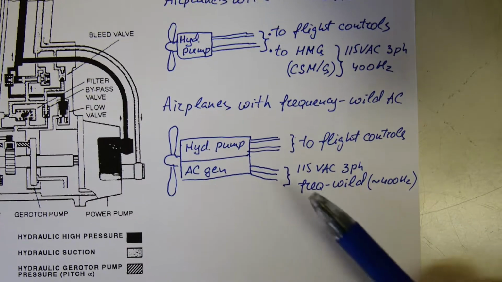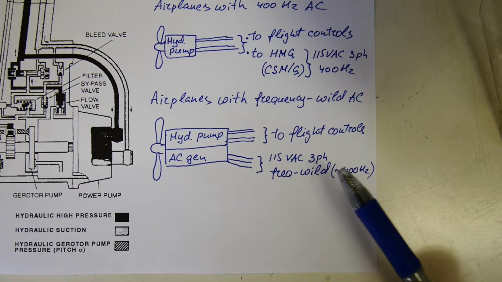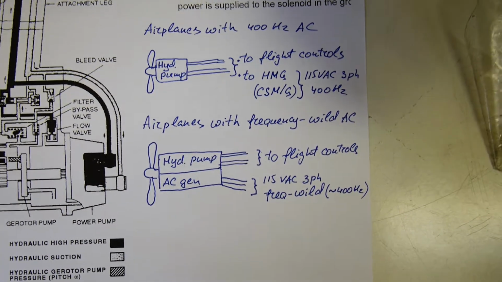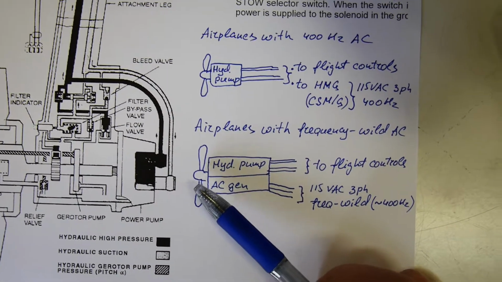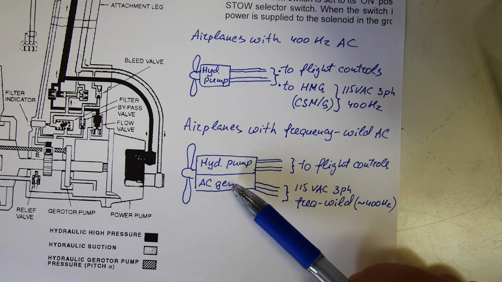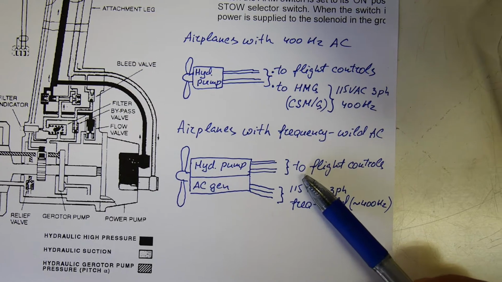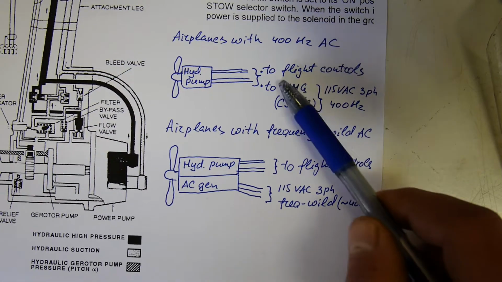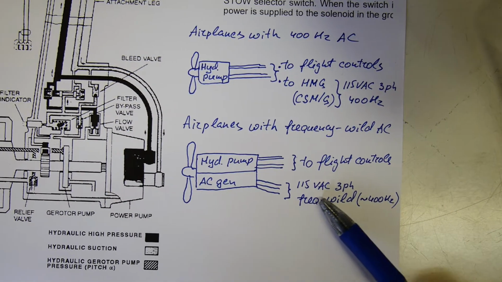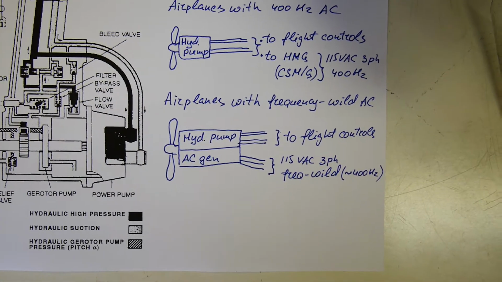On airplanes with a frequency-wild AC system, where the frequency is only approximately 400 Hz, plus or minus 100, the RAT is equipped with both a hydraulic pump and an AC generator. In this case, the hydraulic pump is used only to supply hydraulic power to the flight controls, like it has been done here. And the AC generator supplies power to the airplane, in case of emergencies, of course.